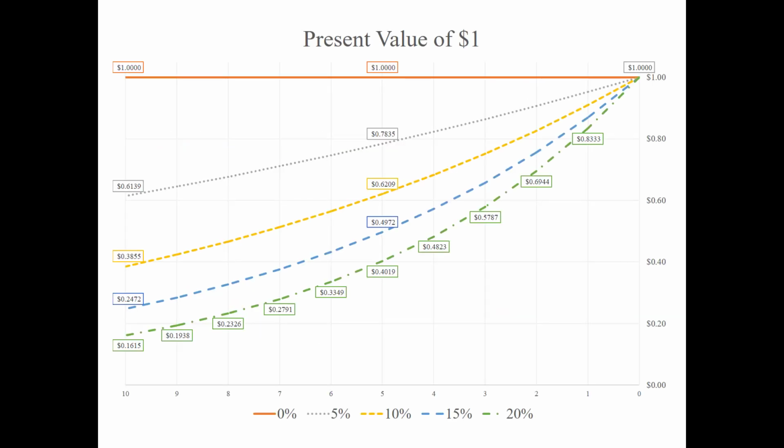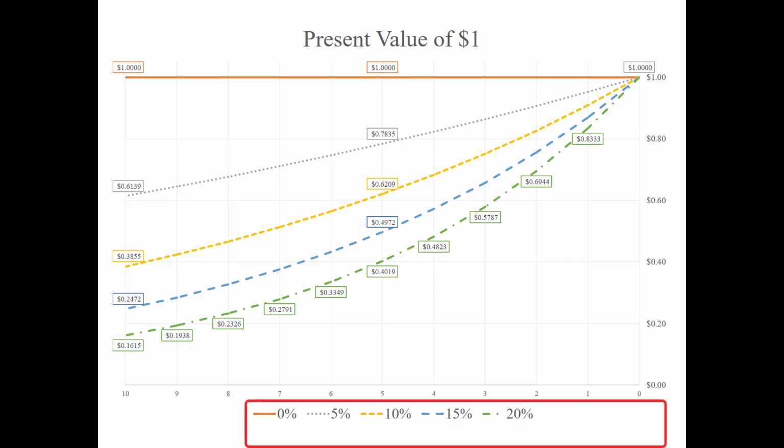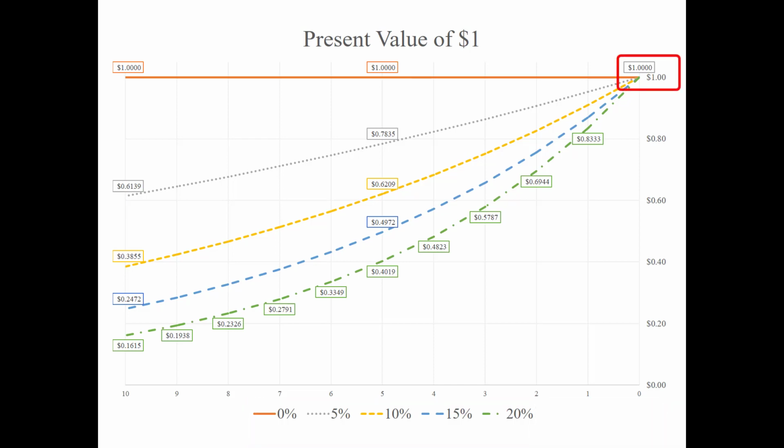And so here's a picture, right? So we have a graphical representation of the relationships that we mentioned on the previous slide. And we'll notice the present value of $1 at time 0. On the right side of the screen, you'll see that it's $1. That top line, the orange line, the solid line, shows that no matter the time period, which we see across the bottom of the graph, if we discount at 0%, we're simply going to have our $1 no matter the number of years.